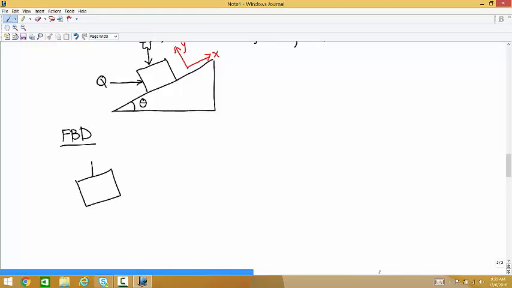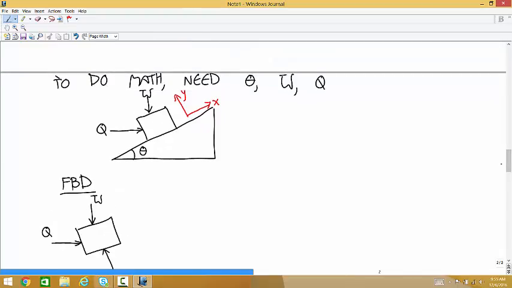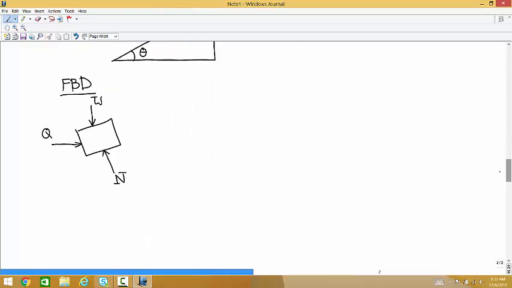Okay, so we have a downward force W, a horizontal force Q, a normal force that's perpendicular to the surface. And then I guess it depends which way this is sliding. I think I was saying it was sliding up. So let's say it's moving up the ramp, which means the friction force in this case is down the ramp.